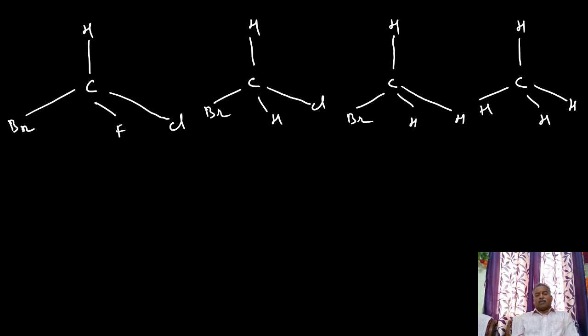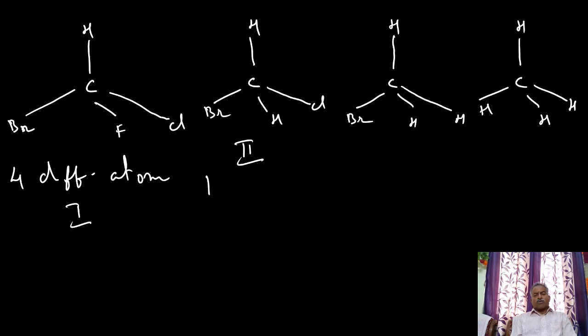Now let us discuss this sp3 carbon once again. Here 4 different atoms are there. So what is this substance? Bromo, chloro, fluoro, methane. This is structure 1, this is structure 2. In this, 2 atoms are hydrogen atoms, so 2 atoms are the same.